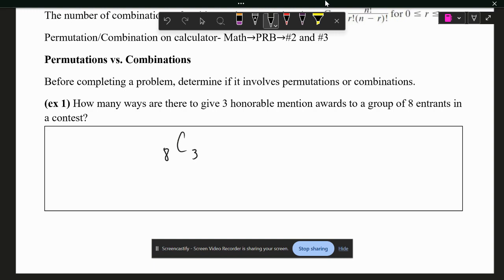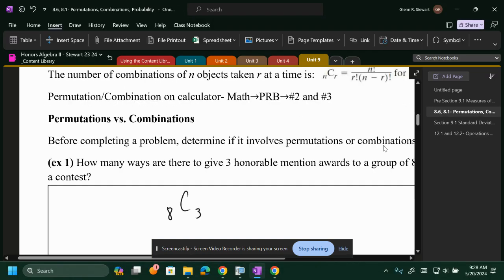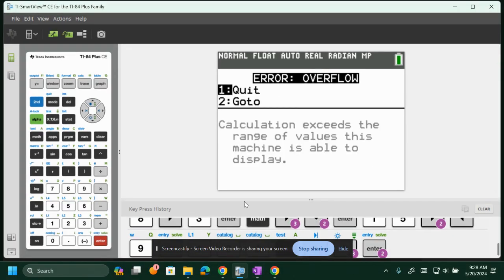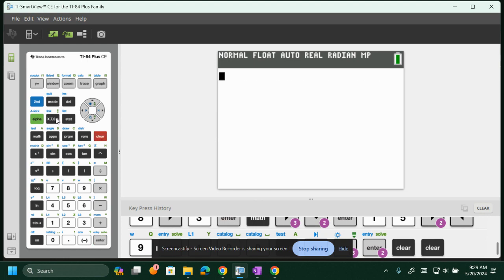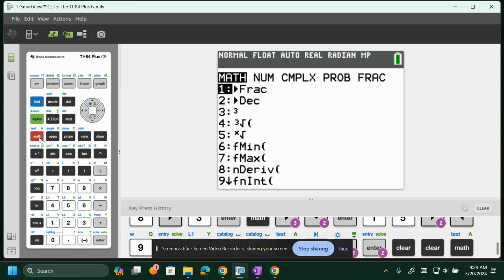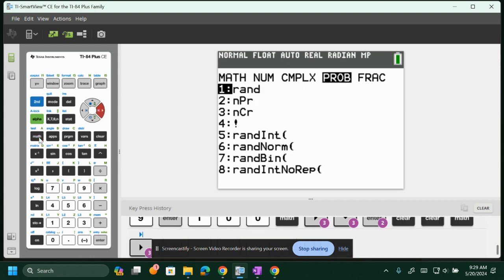And now let's take a look at how to plug this into your calculator. Now, some of you are going to have calculators that are going to be a little bit different than mine. Either way, you're going to go into your math button, and it's either going to say PRB or PROB. And since this is a combination, if you notice, there's permutation, combinations, and factorials. You're going to want to go to combinations.